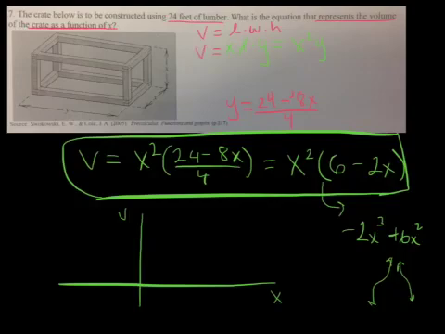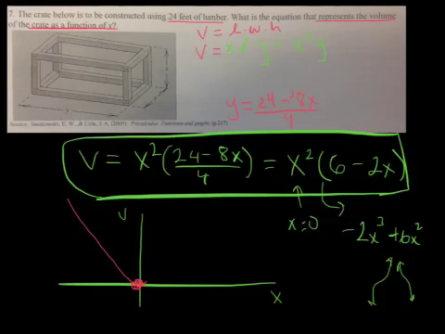Okay, so I know that one of the zeros occurs when x is 0. That's given by the x squared term, and that's a double root. It's a root of multiplicity 2, which means that it will bounce off. So it's going to come down, it's going to hit at 0, and it's going to bounce back up.